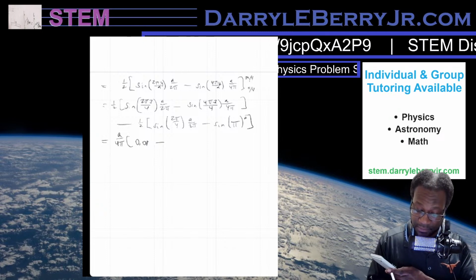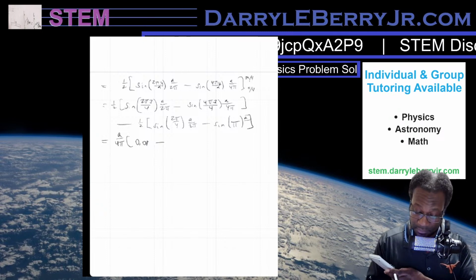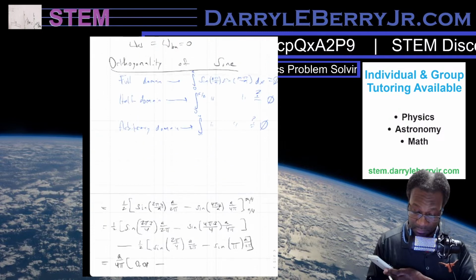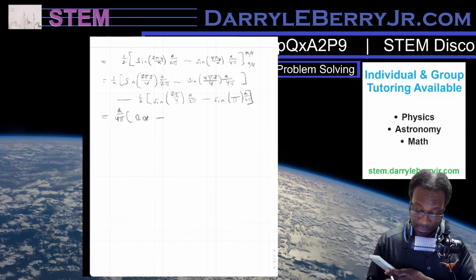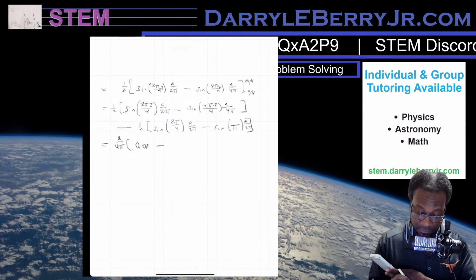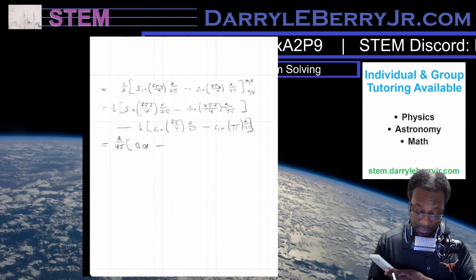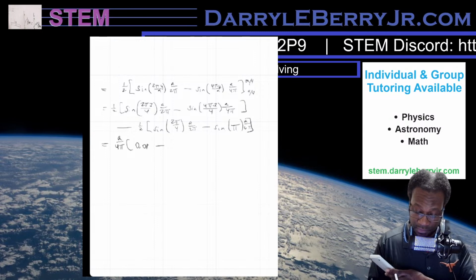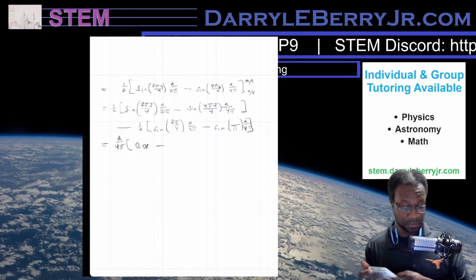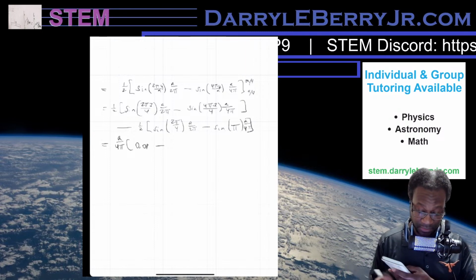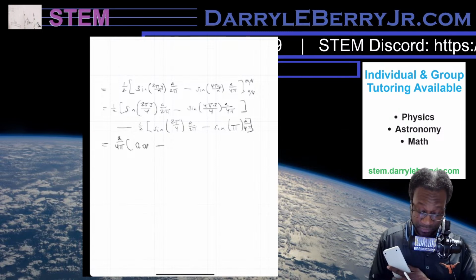Do all of those have that? Oh, 2 of them do, 2 of them don't. So this is 4. And we have sine pi over 2, which is 1.